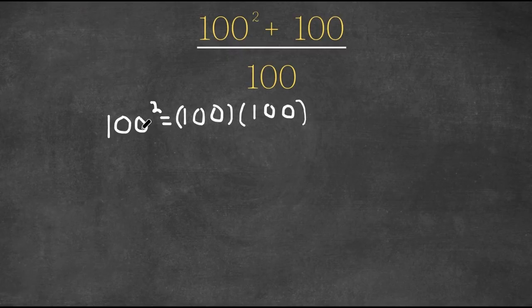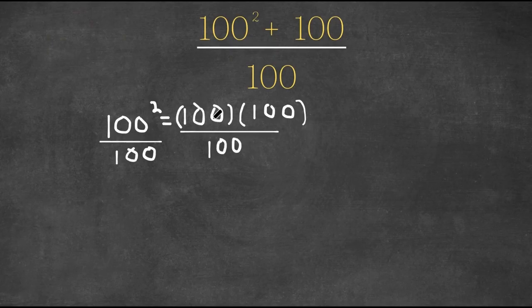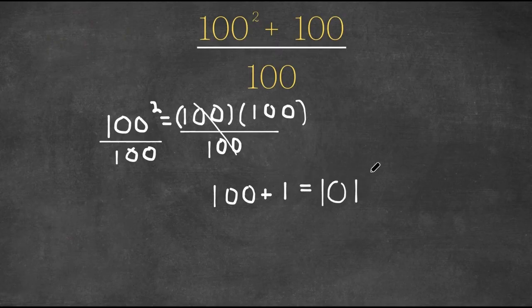So if we were dividing 100 squared over 100, then this would simply be 100 times 100 over 100. And the 100 would cancel out with one of the hundreds, and we would simply be left with 100. So this would be 100 plus 100 divided by 100 is simply 1. So we would get 100 plus 1, and this is equal to 101.